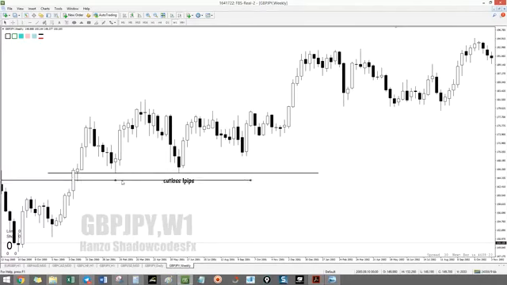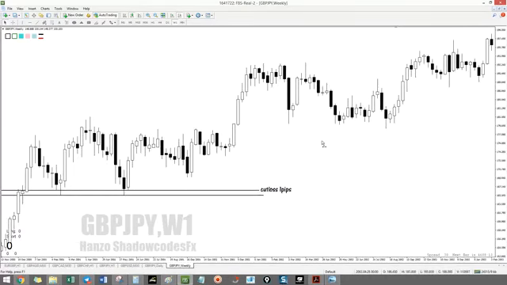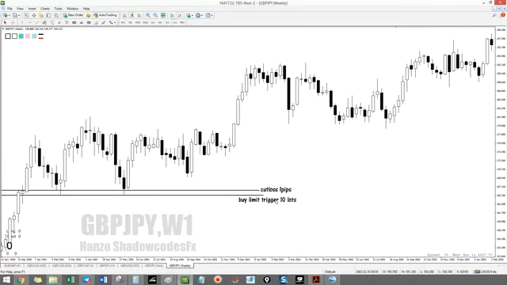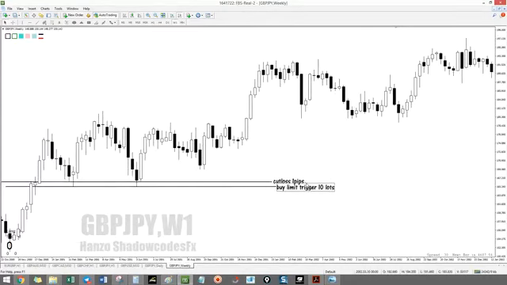So this one already lost. Cut loss 1 pips. And this one, buy limit trigger 10 lots, for example. Buy limit trigger 10 lots. This one already cut loss, okay?